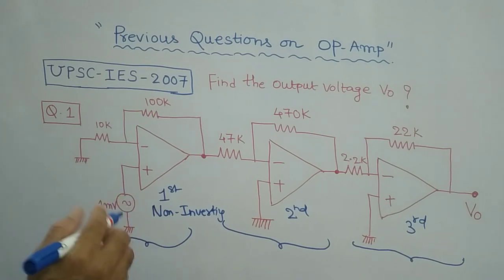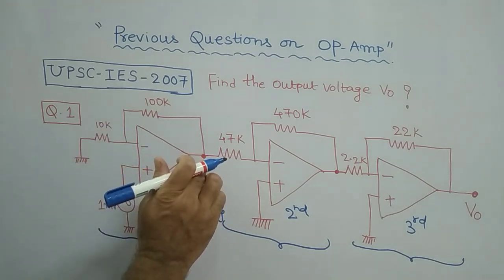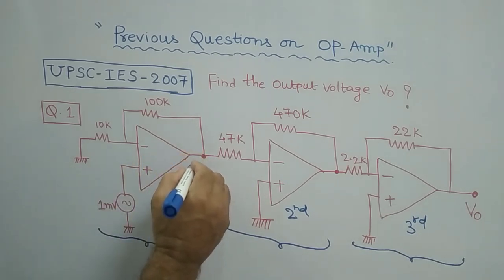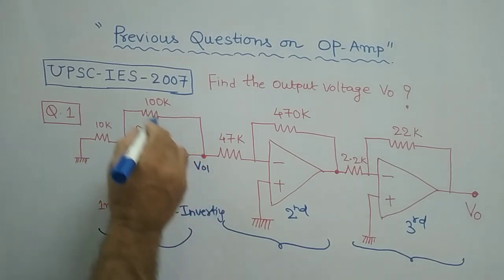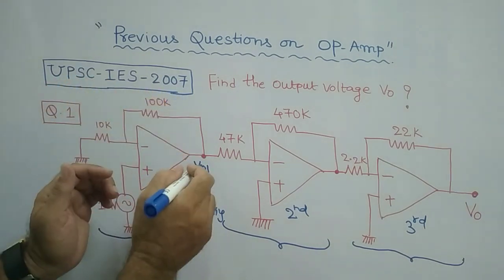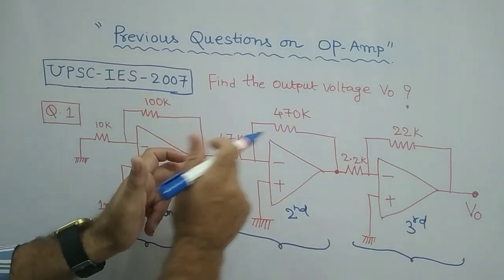For this first stage you need to find the output, say V01, the output of the first stage, and the output V01 becomes the input to the second stage.